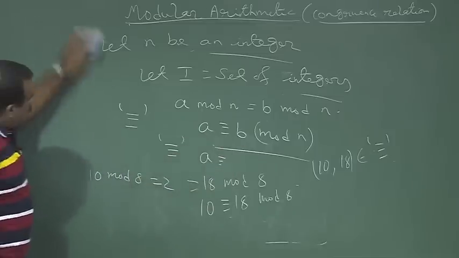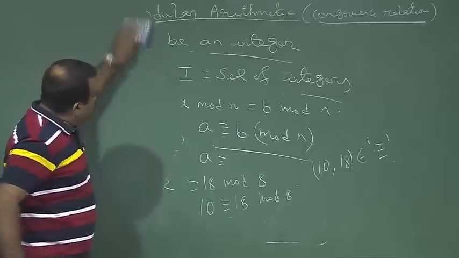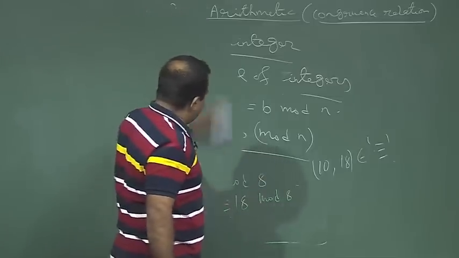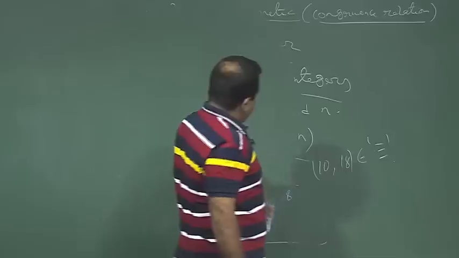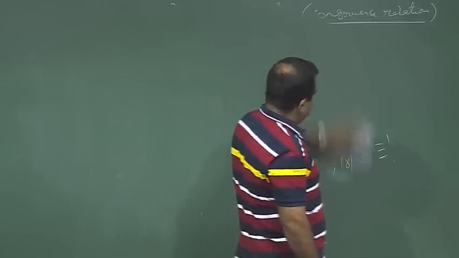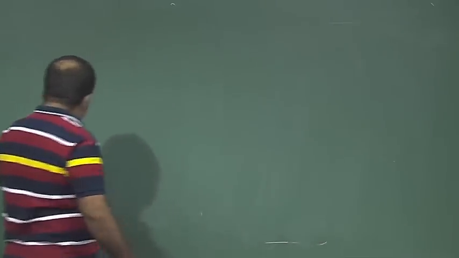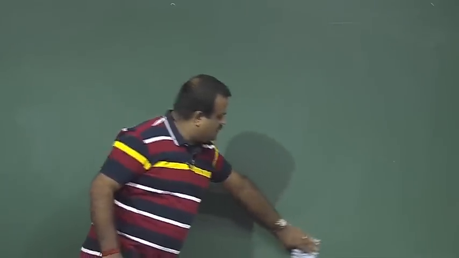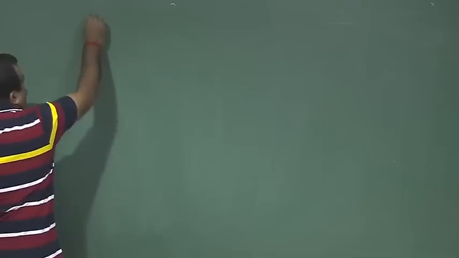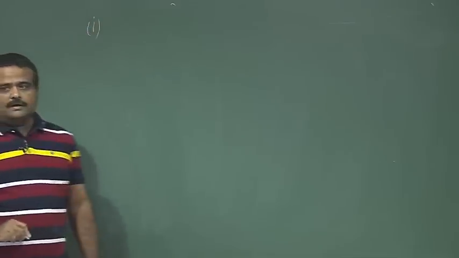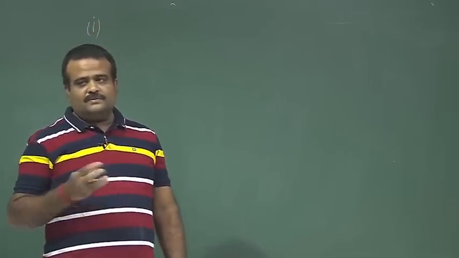Okay. Now we will show that this is an equivalence relation. This relation has some properties: it is reflexive, symmetric, and transitive. So this congruence relation is an equivalence relation, and for that we need to show three results. First, it must be reflexive.